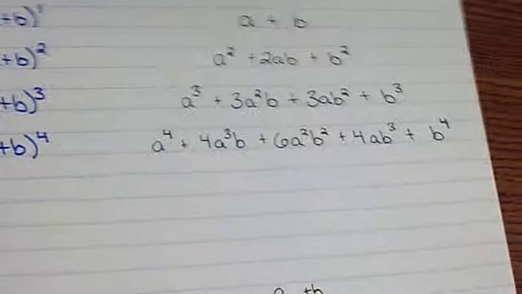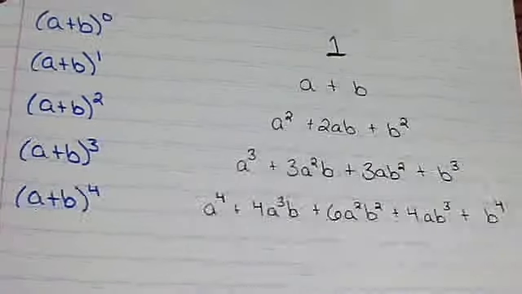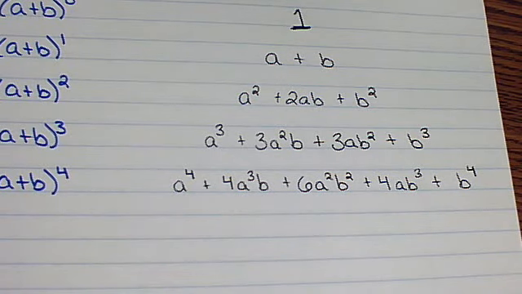I want you to look at this for a second. Does it look like we have a pattern starting? I want you to look at the coefficients. Let's just start with the coefficients.